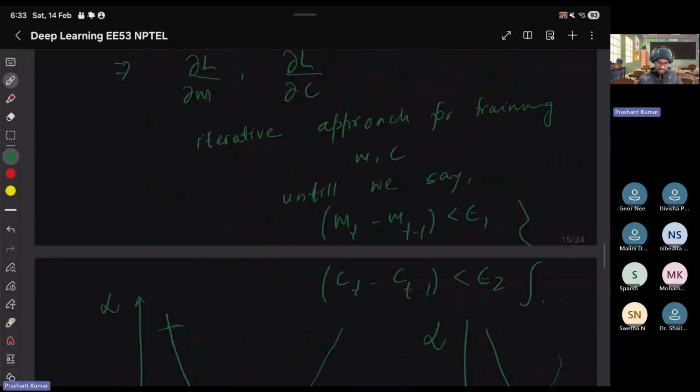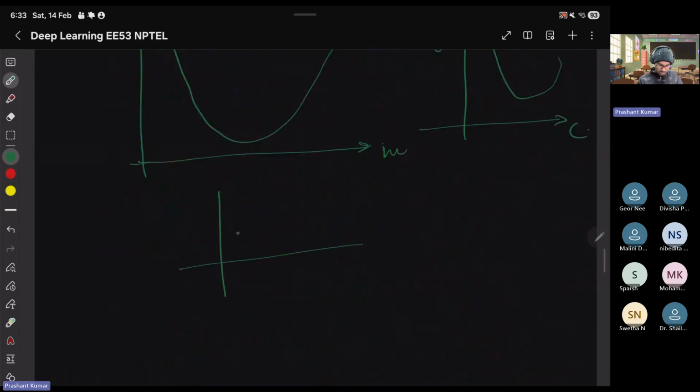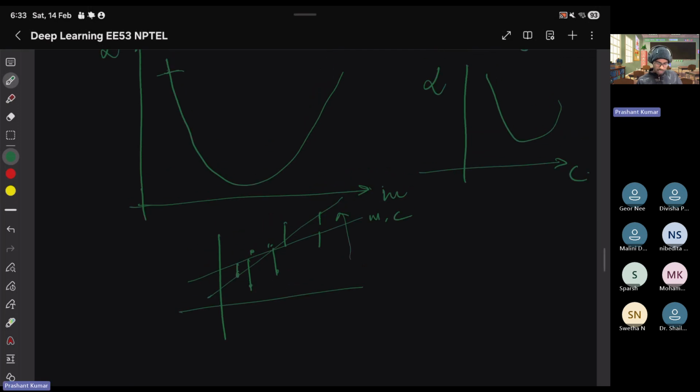Let's draw another picture. These were your points. When you originally assumed the values of M and C, this was your overall error. And you have changed the value of M from this to this, moving some in the direction of less error. What happened? It might happen that somewhere your error has become smaller, but somewhere your error has become larger. In that case, what will happen?